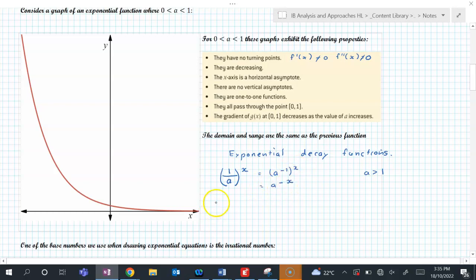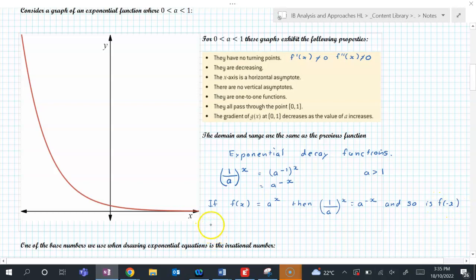And so then if I have f of x equal to a to the power of x, then 1 on a to the power of x equals a to the negative x, and so it's f of negative x.